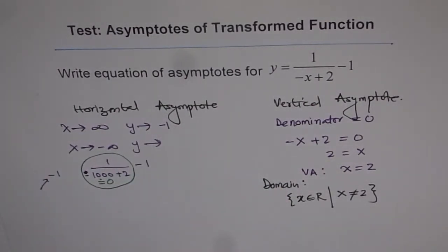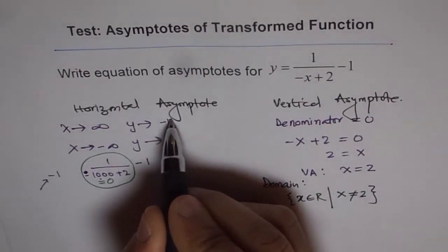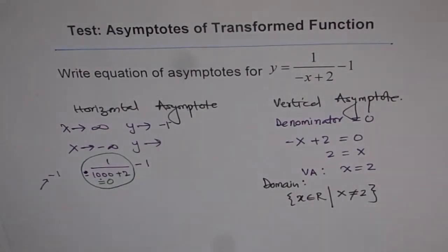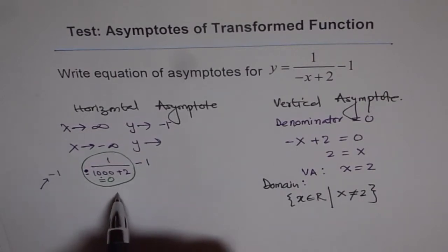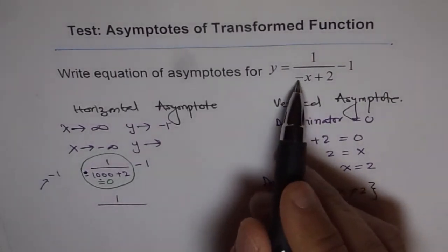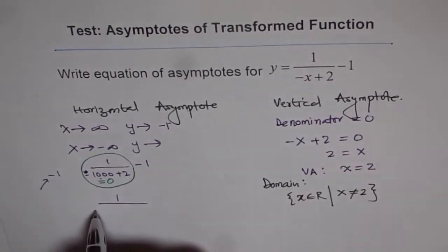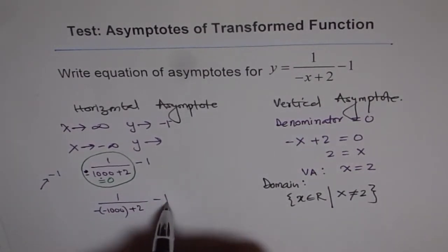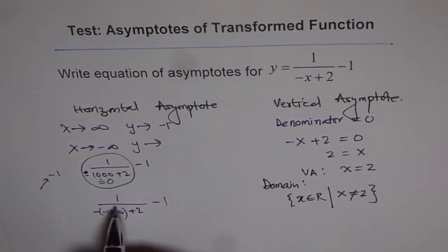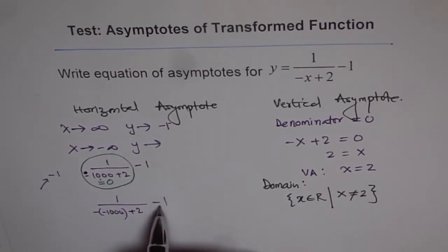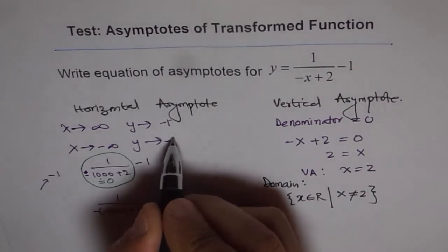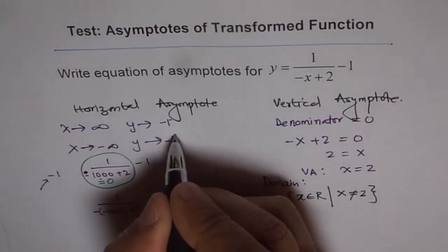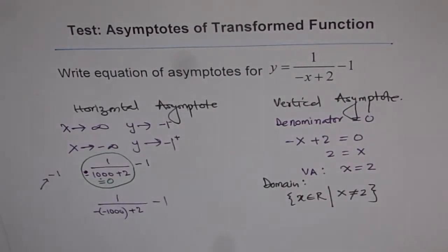So sometimes we can write a minus sign here. But if I put minus 1000 instead of plus 1000, then I get minus of minus 1000, which will make it plus 2, minus 1. Now this quantity is positive. That means we are slightly more than minus 1, but still we are approaching minus 1.